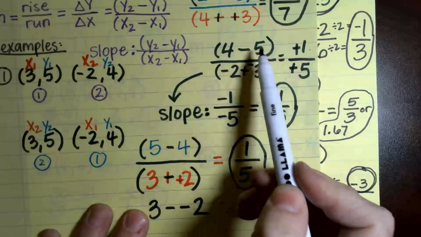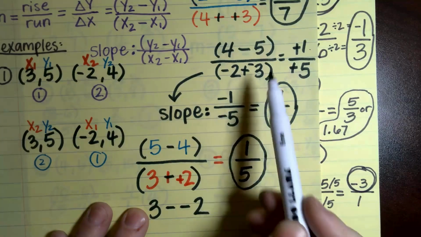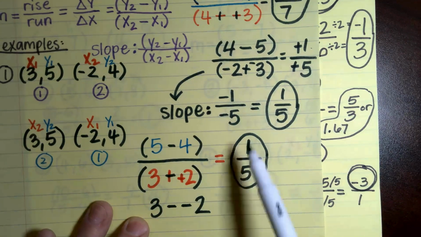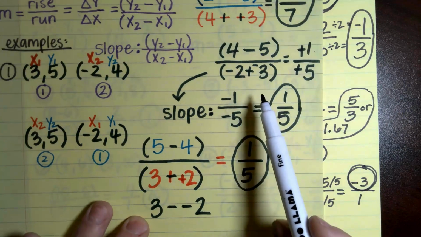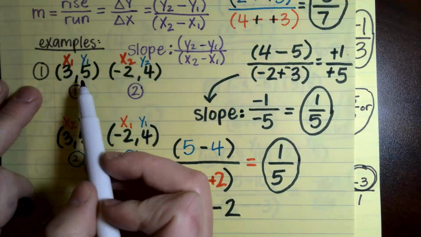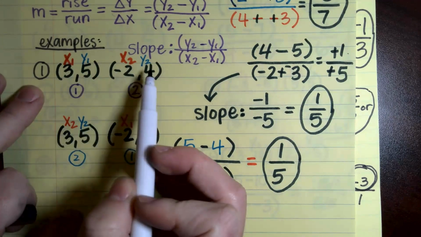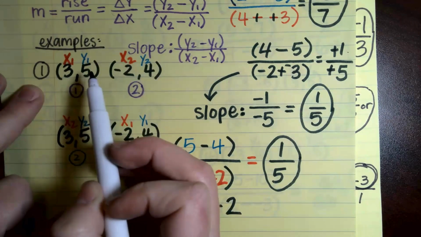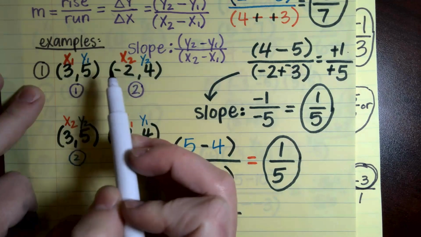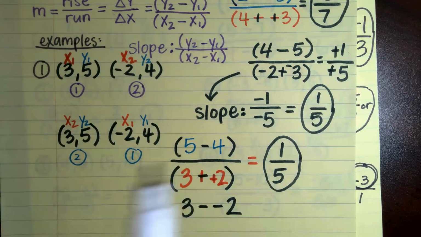Whereas when we flipped them and did the 5 and the -3 first, it came out with 2 positive numbers and we didn't have to get rid of the negatives. So if you're looking at your coordinates and you're thinking, I would way rather do 5 minus 4 than 4 minus 5, do that. That just means that you also have to do 3 minus -2. You just have to be consistent with your order. Okay. That's all that matters.